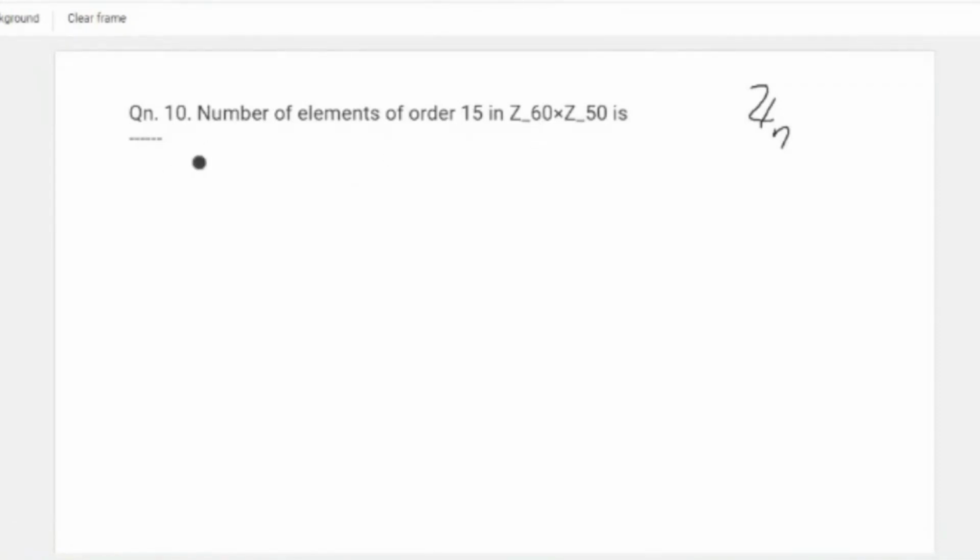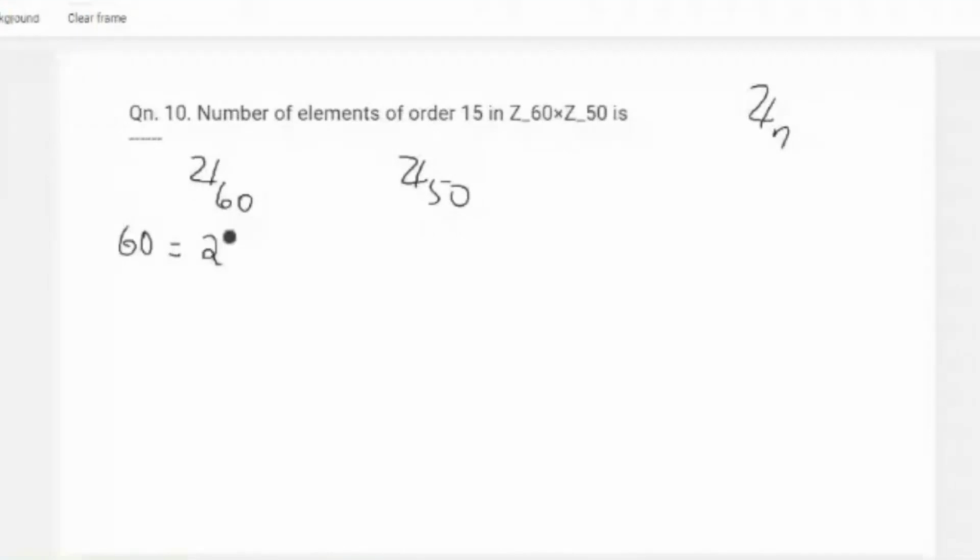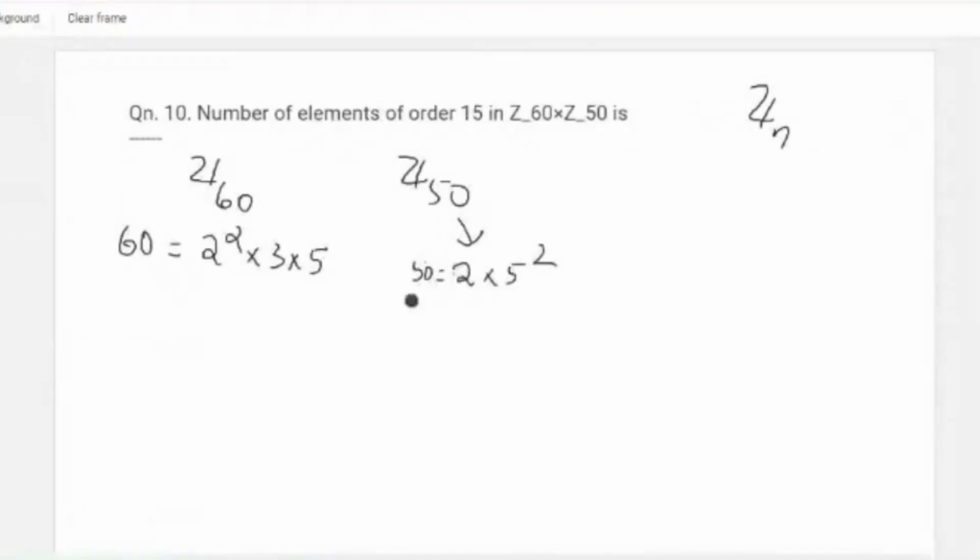Just consider Z60 and Z50 separately. For 60, the factorization is 6 into 10, that is 2 into 3 into 2 into 5, so 2 square into 3 into 5. And 50 is 5 into 10, that is 2 into 5 square. These are the factorizations.